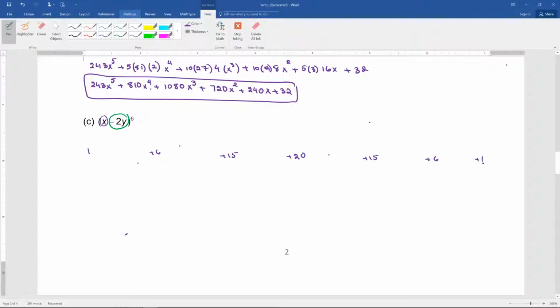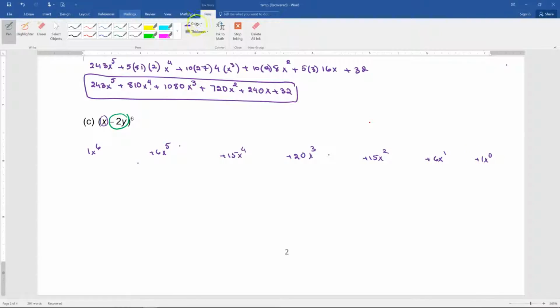All right, now we're going to raise them to their exponents. So it's going to be x to the power of 6, x to the power of 5, 4, 3, 2, 1, 0.